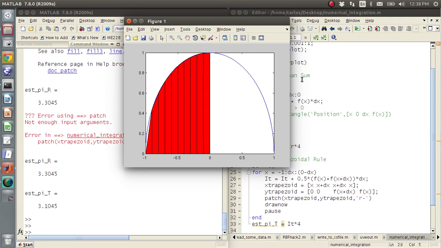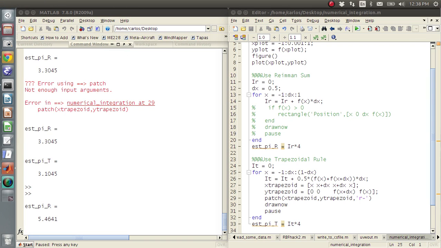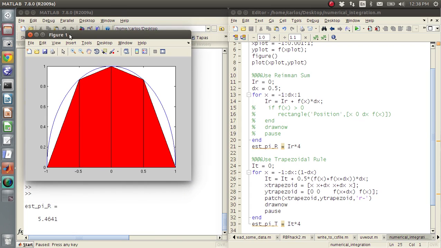and then I stop halfway and multiply by 4. So if I make dx like 0.5, and I'm just going to go all the way to 1 just so we can see for effect. So now we're going to have that trapezoid, all of those different trapezoids, which I think is pretty cool.